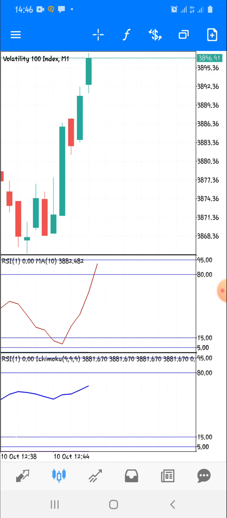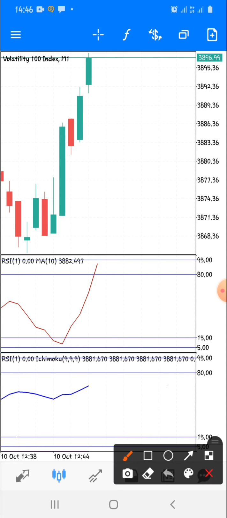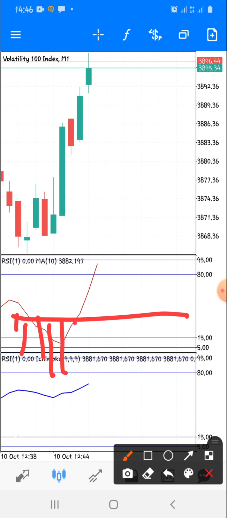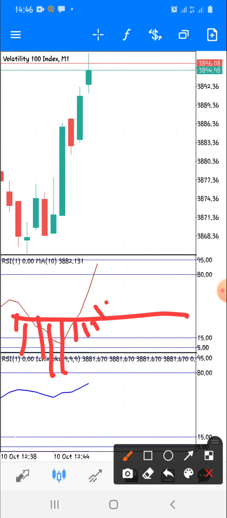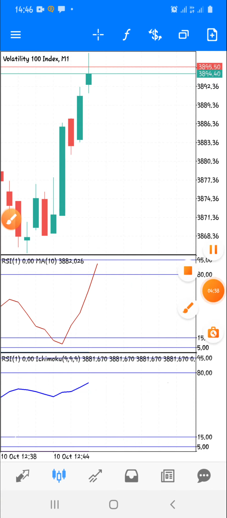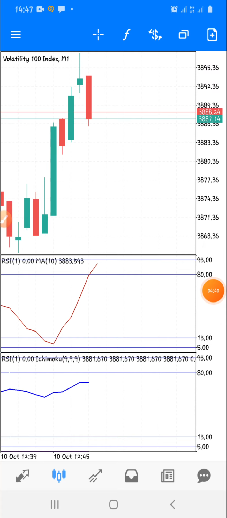So not like this. The histogram should be like this. There is this line, then you see the histograms all along, then they come shorter, taller, something like this. So this is how the histogram is.